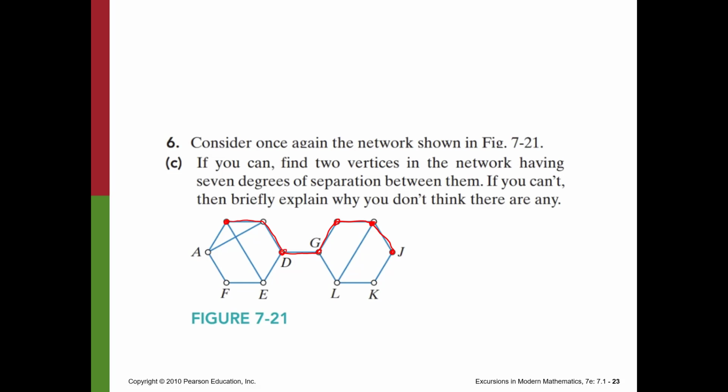And so then it might seem reasonable to think, well, all we have to do is go to A, and then we're one step away. But you see, that's not going to work because we don't have to use this edge.